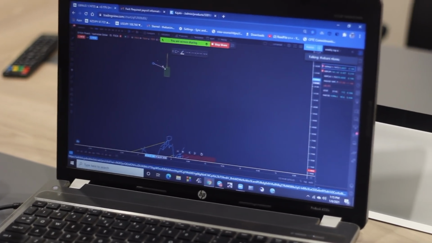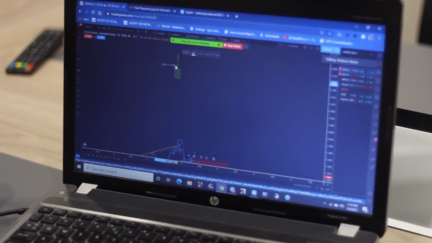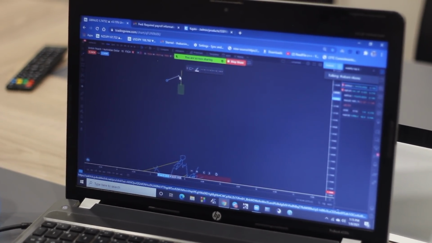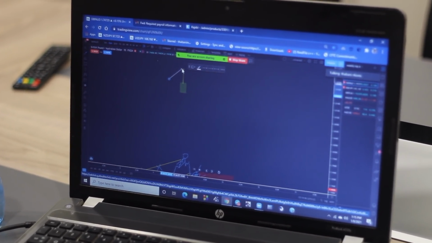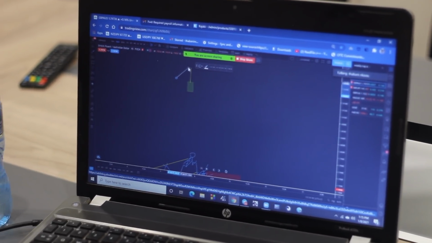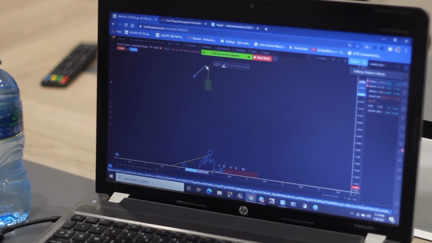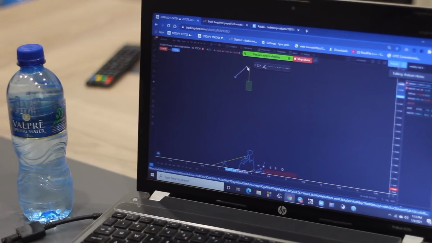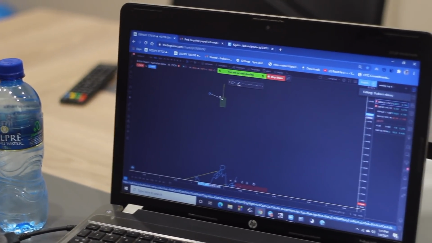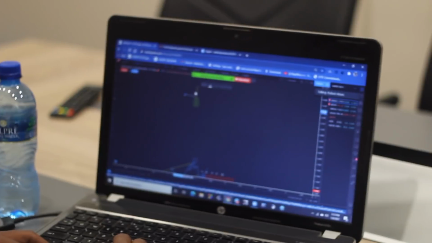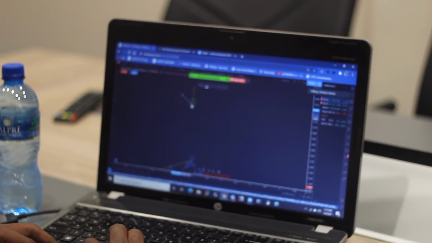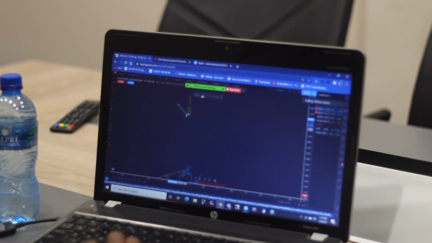This candlestick opens here, and it's pushed to the upside. Buyers are pushing price to the upside. But when they get into this area, it means there are sellers sitting there waiting to push the price all the way to the downside. As you can see, they do push the price to the downside, and the candlestick ends up closing bearish.